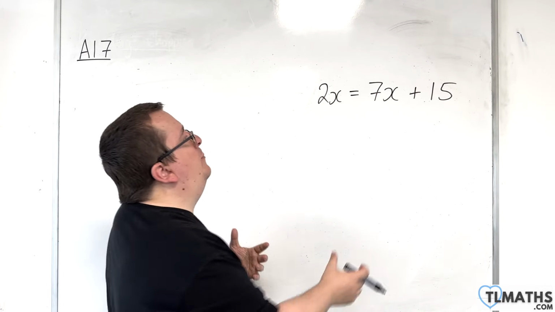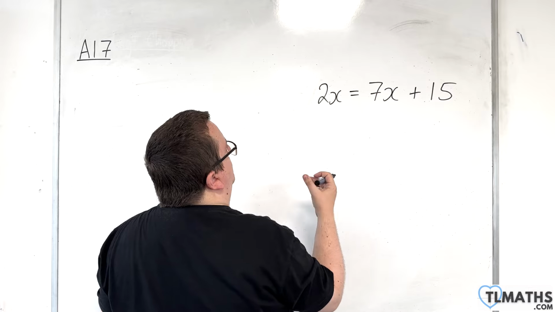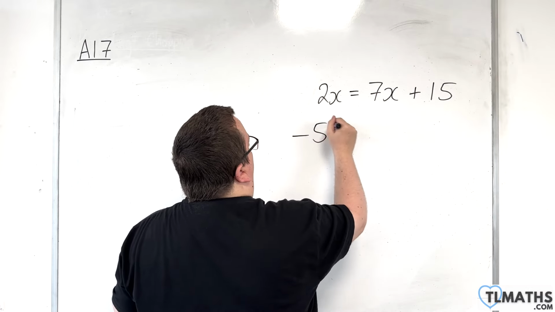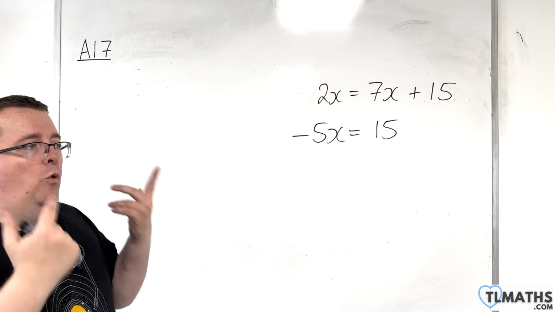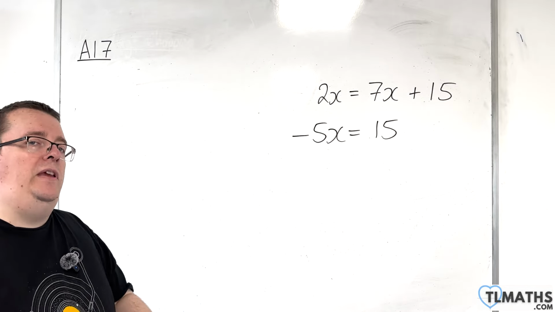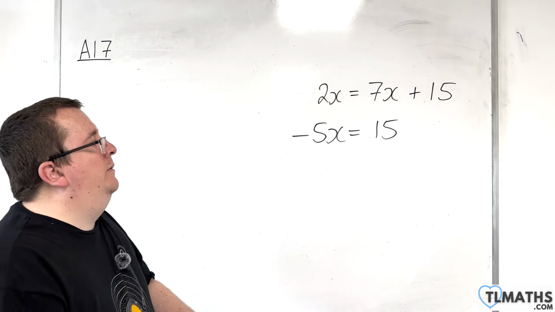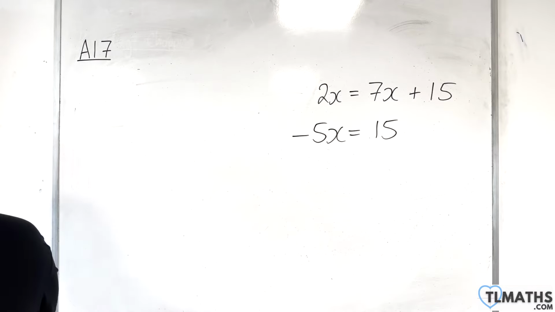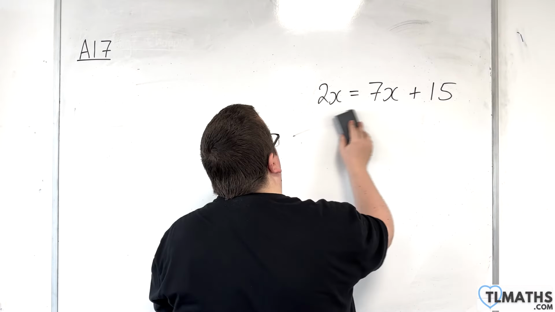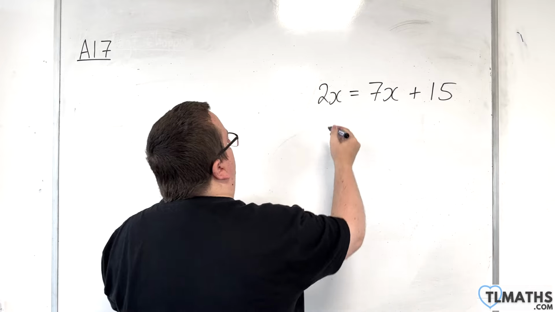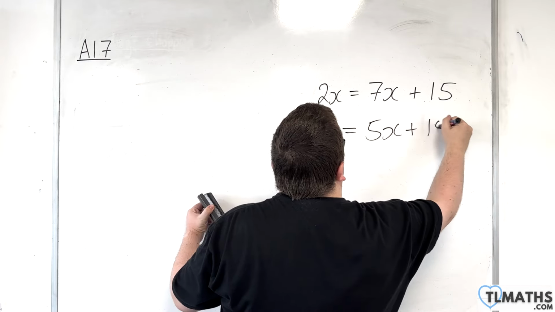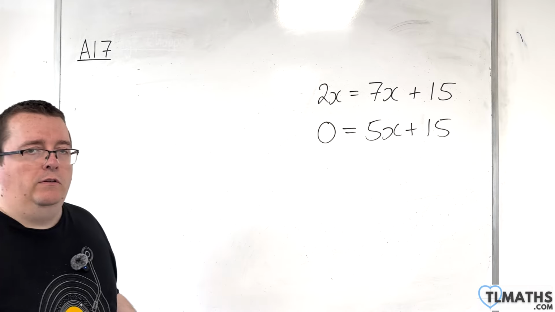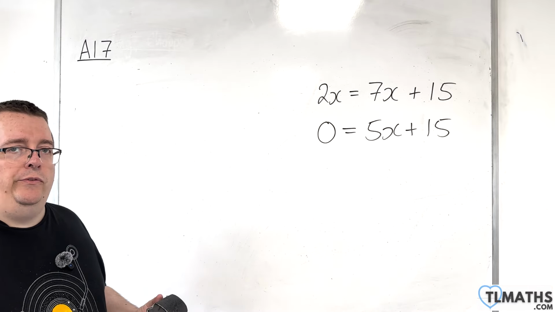And I can do that by subtracting 7x from both sides and getting the minus 5x on the left-hand side and the 15 on the right. So I am one step closer to just getting x equals. That is my plan, okay? If instead I subtract the 2x from both sides, I am not much closer to getting x equals.